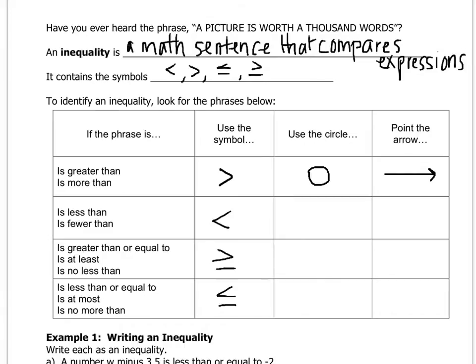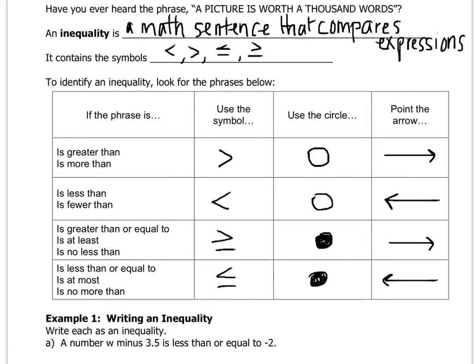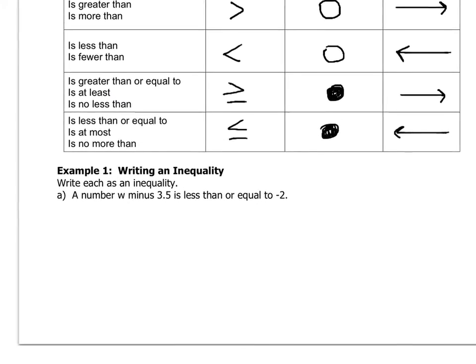If it's less than, we use an open circle, and it will point to the left. If it's greater than or equal to, we'll use a colored in circle, and it will point to the right. If it's less than or equal to, we'll use a colored in circle, and it will point to the left. So let's see how this all plays out.